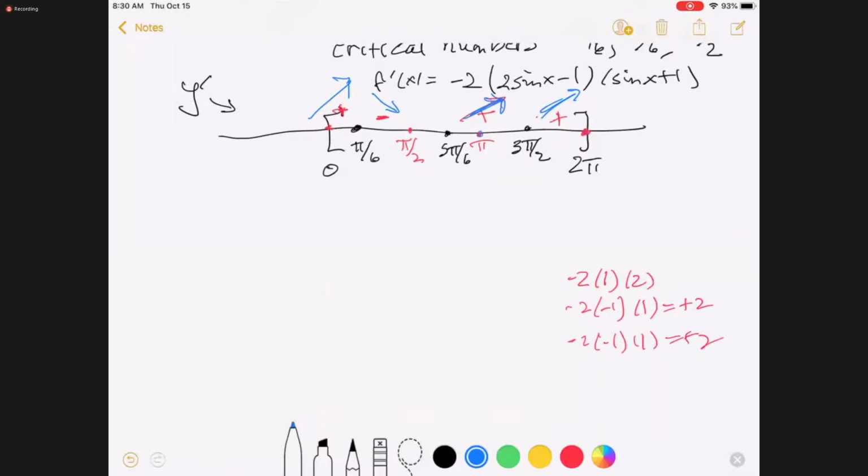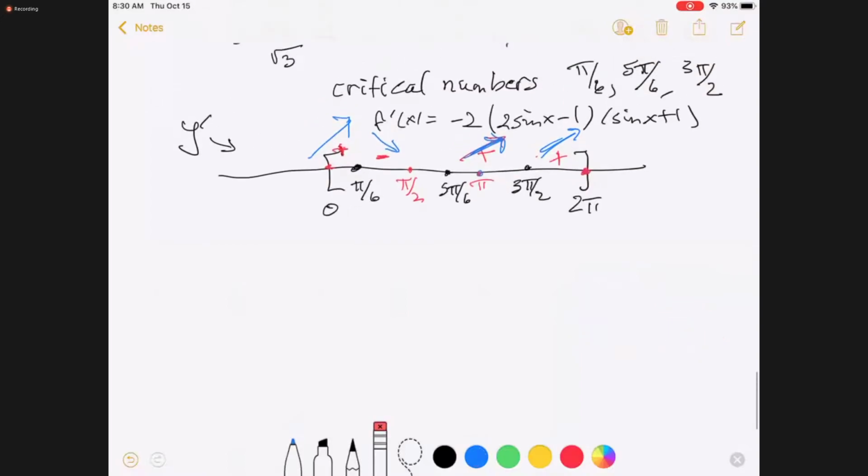Okay, so what do we have? I guess I need all that. We have that f increases, and actually it's increasing from 3 pi over 2.